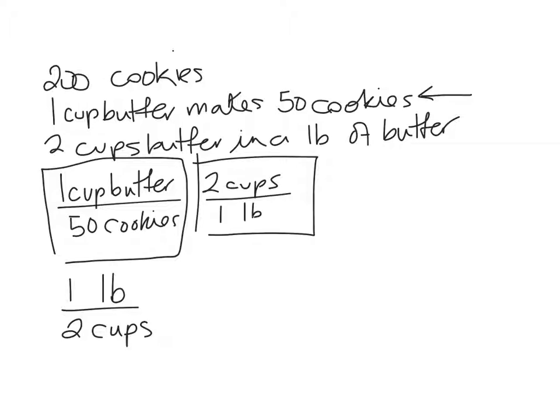But now I've got cups of butter. I don't want cups of butter, I just want pounds. Is there another ratio that has cups in it? So when you do dimensional analysis, it's always a ratio times another ratio.